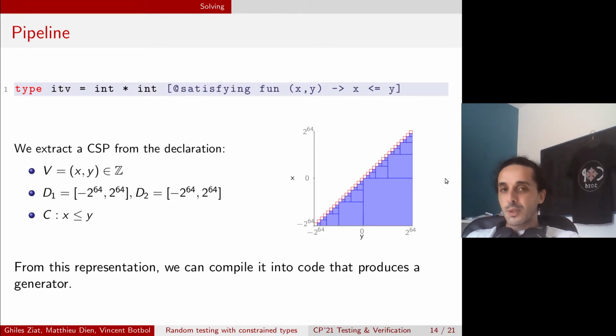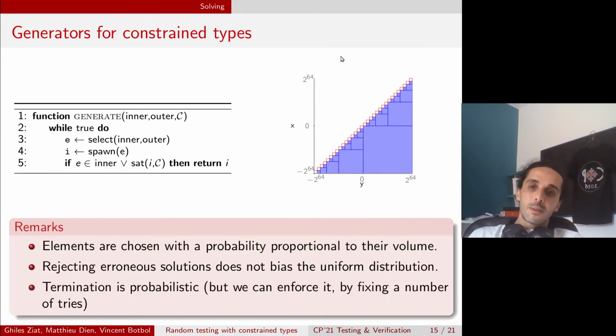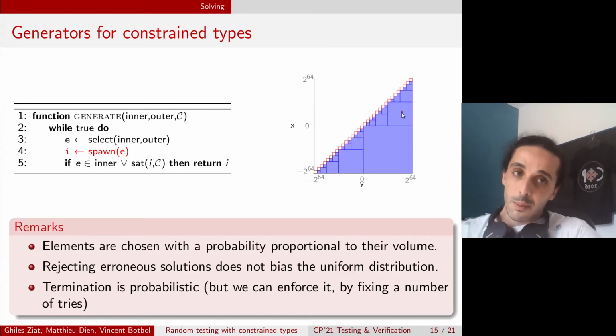And now, using this cover, we are going to compile it to produce a code that will correspond to the generators. So to do that, we repeat the following steps until we terminate. That is, first we select an element of the cover. In order to be uniform, elements should be chosen with a probability that is proportional to their volume. Then we pick an instance that belongs to this element.